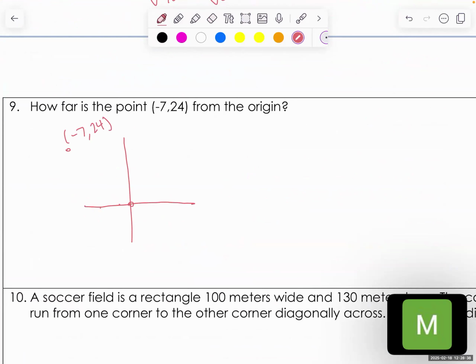This one's going to be a bit tricky, but if I draw my right triangle, I can draw it like this. I'm looking for the distance from the origin, that's x. This is my x value, and this is my y. So I have negative 7 squared plus 24 squared equals x squared. If you go through and solve this, you're going to get x is equal to 25.